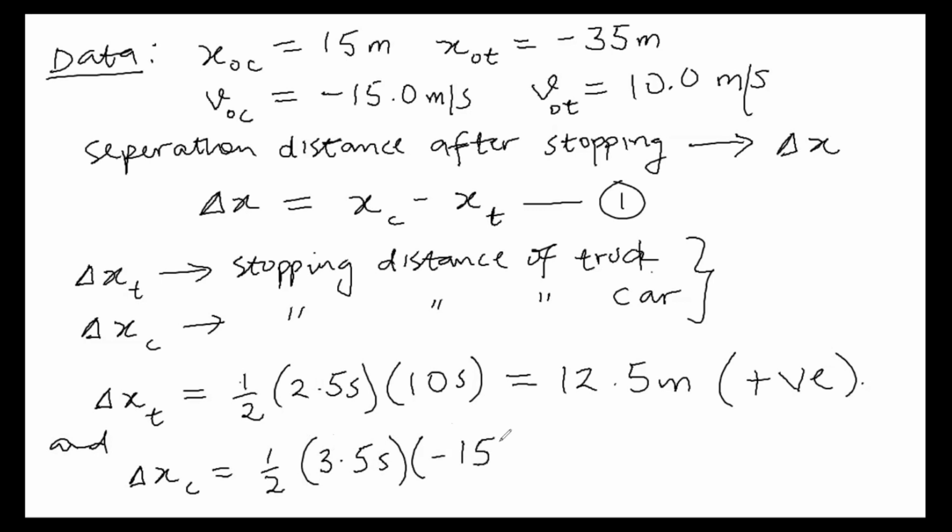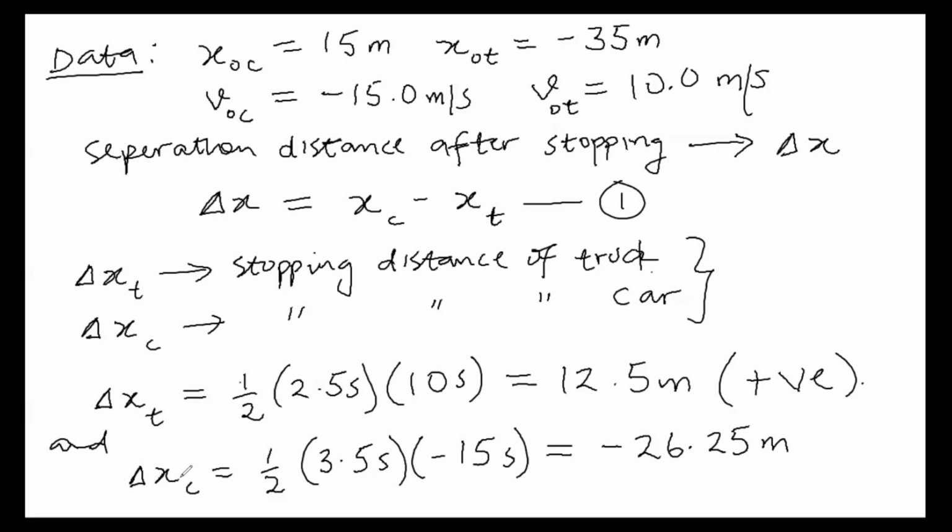Look at it carefully, it's in the minus. So minus 15, if you multiply that, use your calculator, you find that it's about minus 26.25 meters. So this will be negative because, as you can see, the car is actually moving to the left.